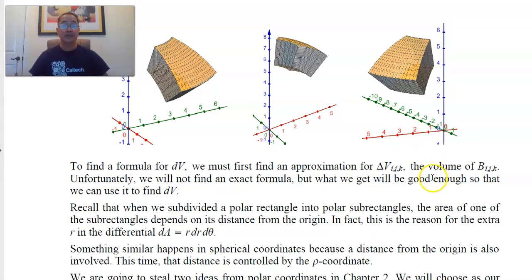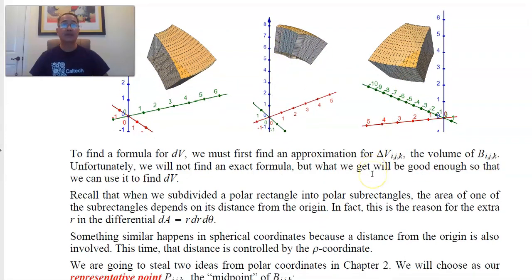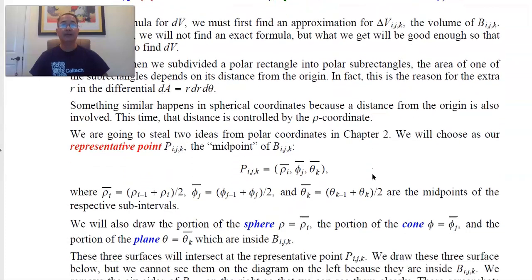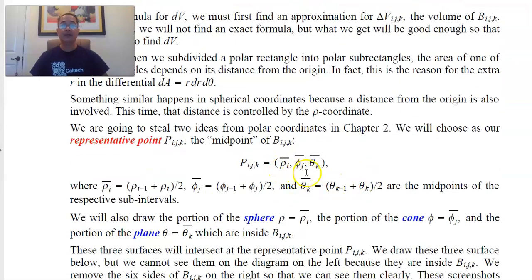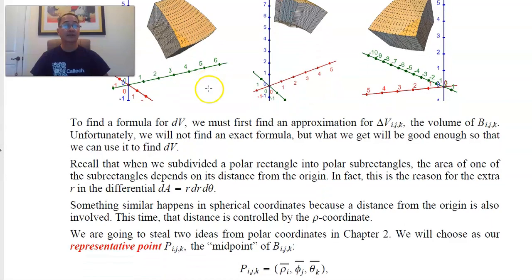All right, so let's continue on page 171. We're going to summarize our measurements that we made over there. So we have our spherical brick, and we created the midpoint by constructing the average radius here, and the average cone over here, and the average plane over here.